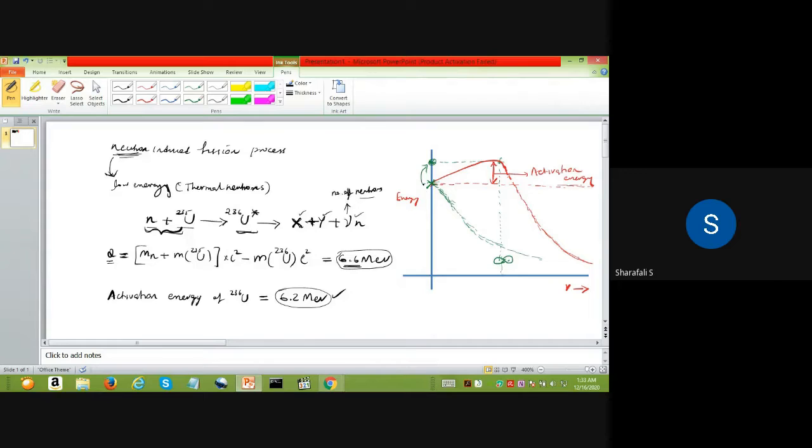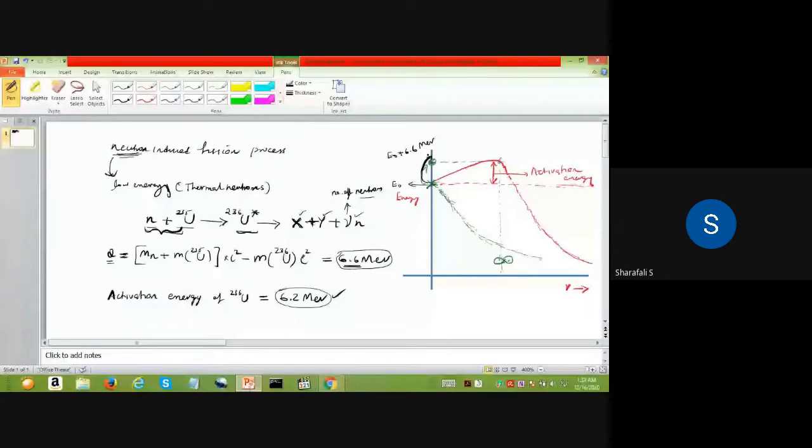So what we are saying is that when it was in the ground state, it had some E0 energy, let's say, and when it went to uranium 236 in the excited state, it will have E0 plus 6.6 mega electron volt of energy.